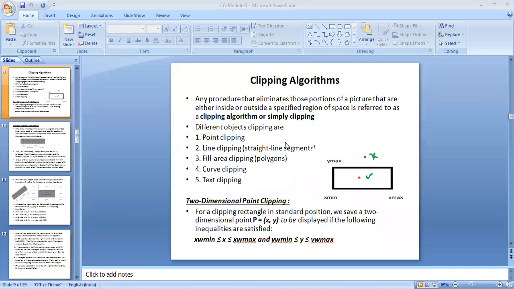So clipping means eliminating or removing the unwanted part of my object, which may be a point, a line, part of a polygon, a curve, or a text. Anything which is not required, I can delete successfully.